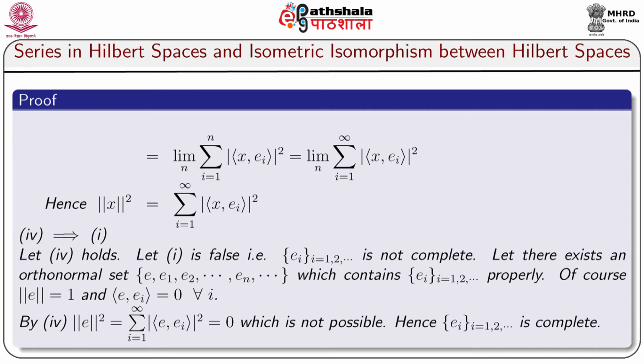Hence, norm x square equal to sigma i equal to 1 to infinity modulus of x comma ei square. Thus, 4 holds. Now, we shall show 4 implies 1.